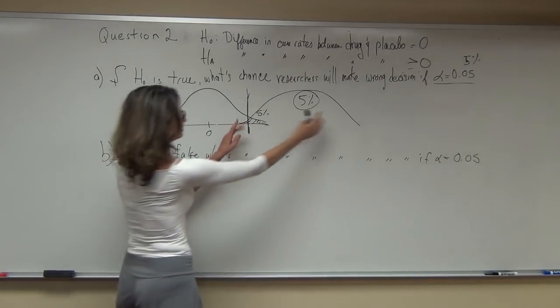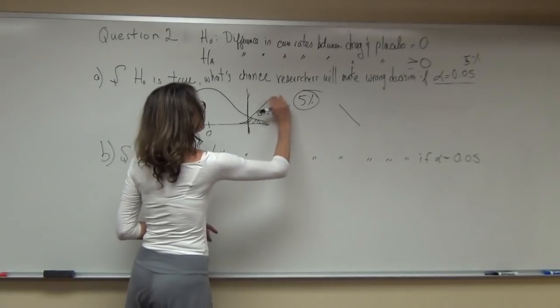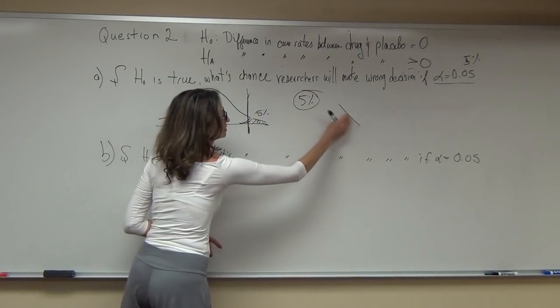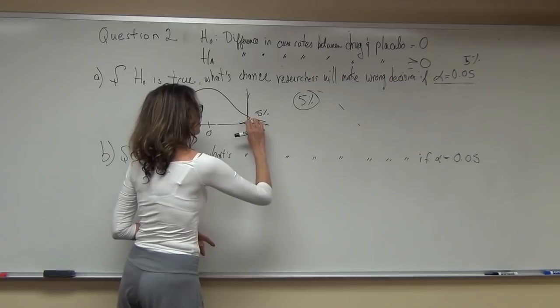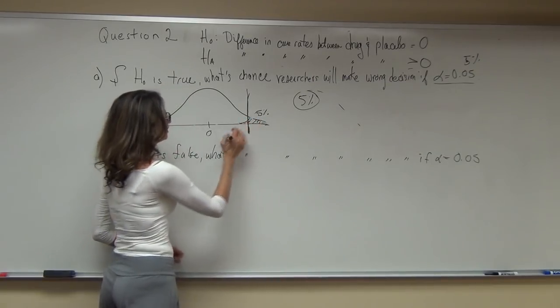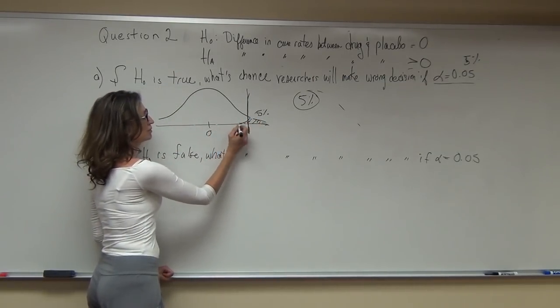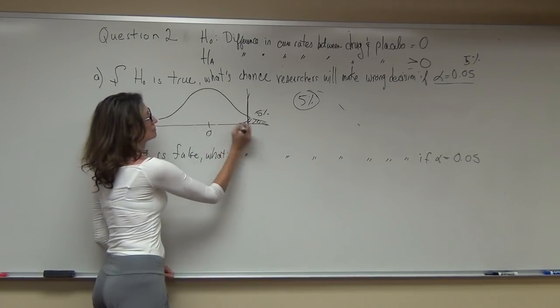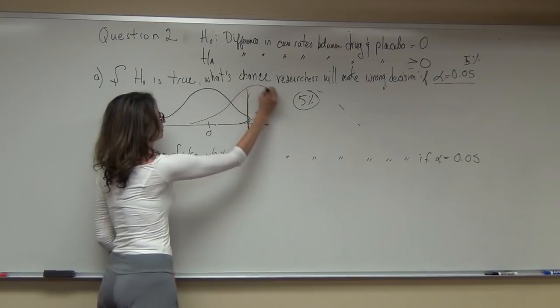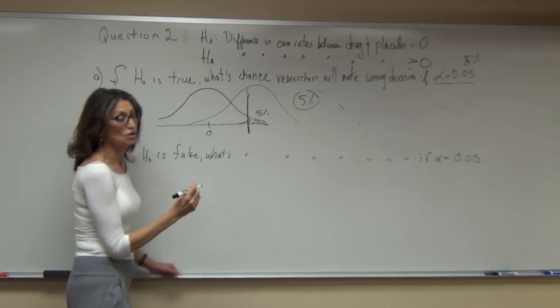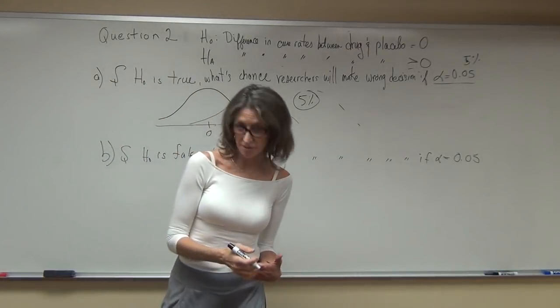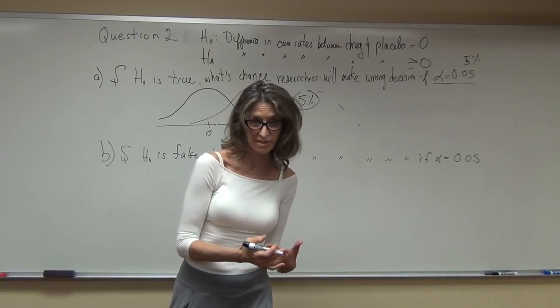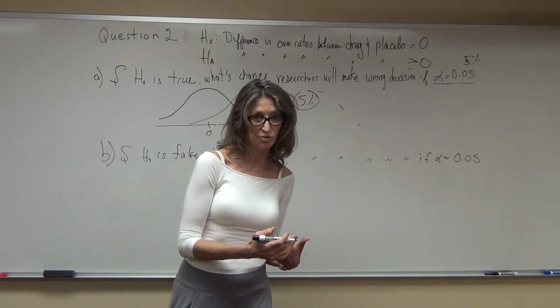But what if it's not there? We have to specify a particular alternative, how well we think the drug works. If the drug only works a little bit better, well then we're going to make a huge error. So it depends on the specific alternative that we set. That will change the type 2 error.